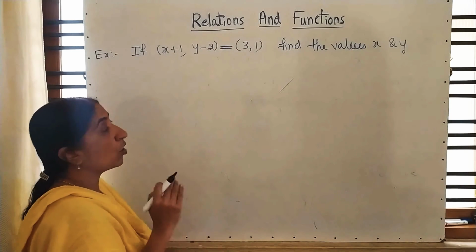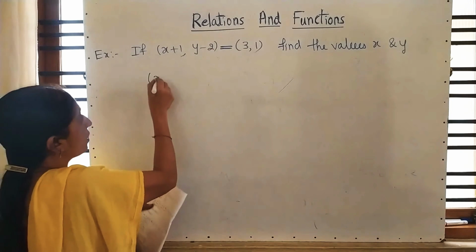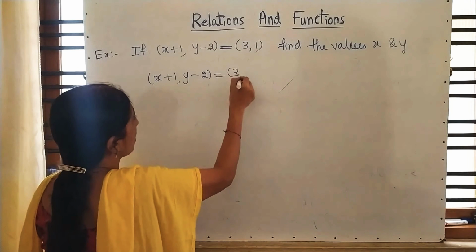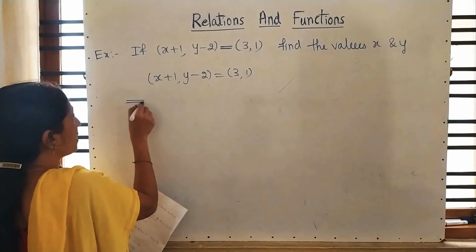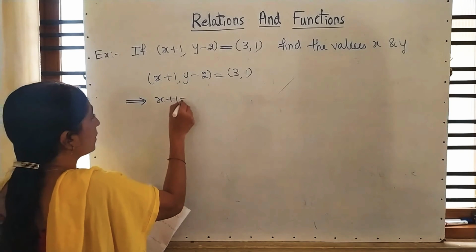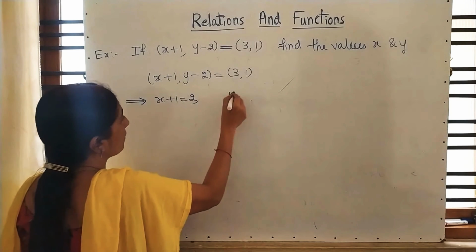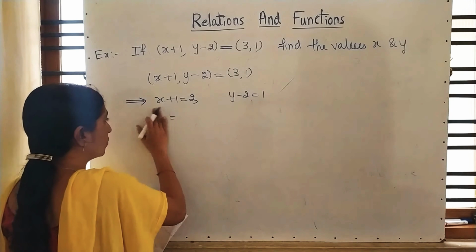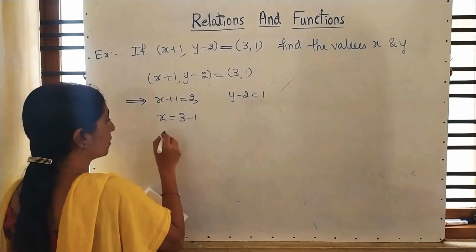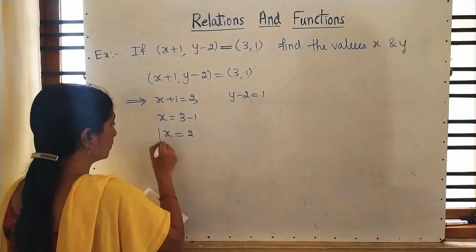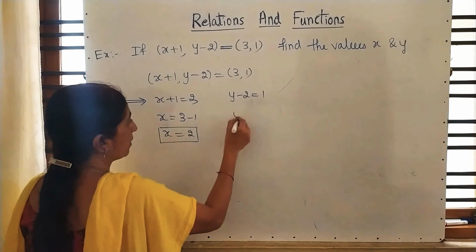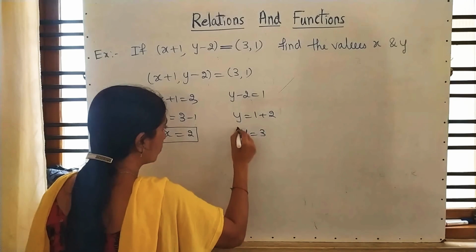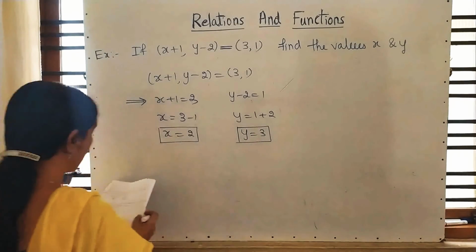If the ordered pairs are equal, just equate the corresponding elements. The first element is this and the second element is this. So x is equal to 3 minus 1, that is x is equal to 2, and y is equal to 1 plus 2, that is y is equal to 3. See, is it interesting or what?